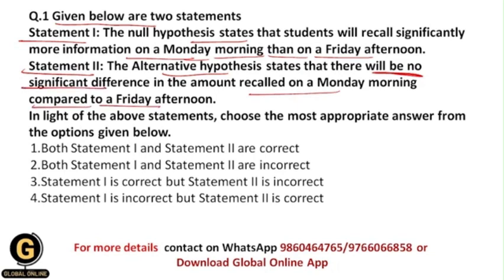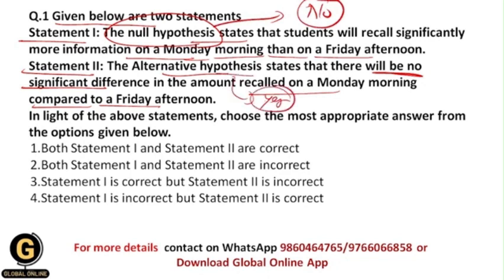So over here students, we need to answer which of these statements are correct or incorrect. As I told you in yesterday's video, the null hypothesis states that there is no relationship between the two variables. But the alternative hypothesis states that there is a relationship between the two variables.